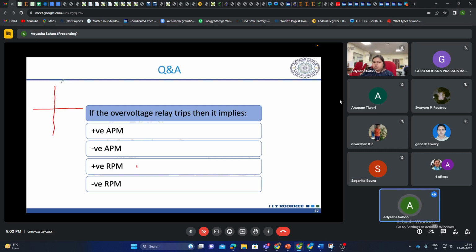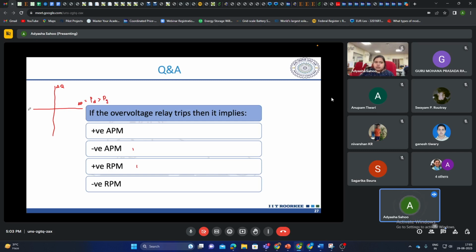So here, if you remember, we had delta P here and delta Q here. In case of positive active power mismatch, we got one B. The positive mismatch would imply PD is greater than PG.